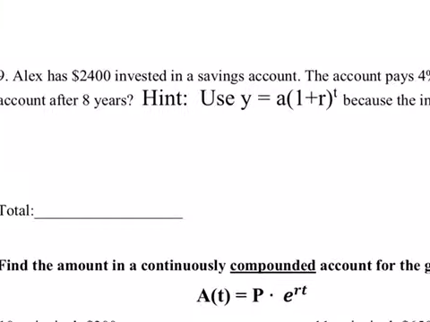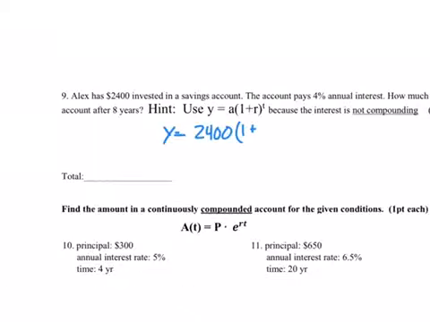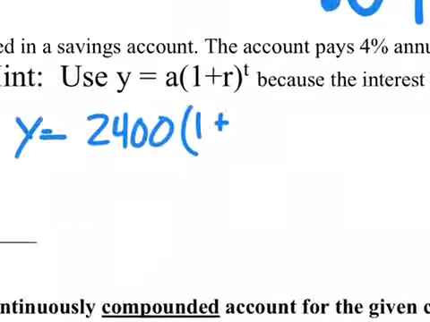So we have y is equal to, A is always that initial amount. So we have 2,400 as our principal amount. And then we have a 1 plus. Now, 4% as interest is 0.04, so not 0.4, 0.04.